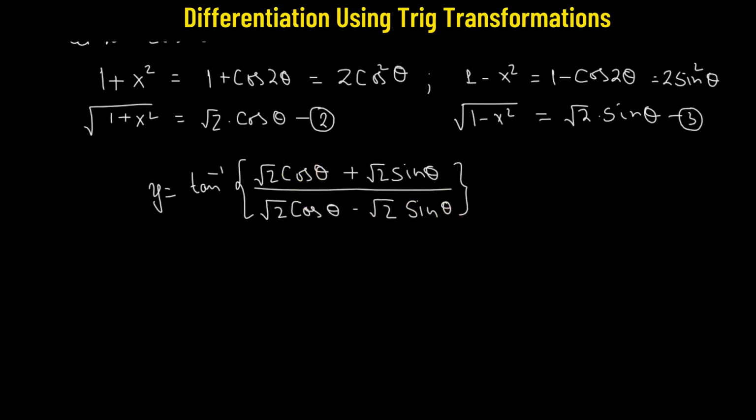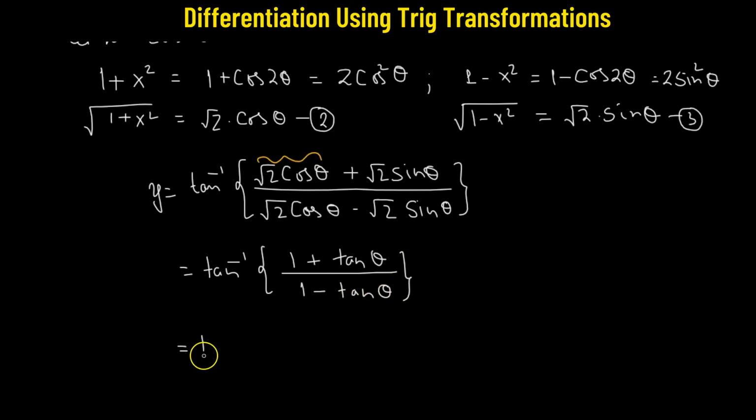Now we'll divide each of the terms in the numerator as well as the denominator by square root of 2 times cosine of theta, which will give us tangent inverse of 1 plus, when we divide square root of 2 times sine theta by square root of 2 times cosine theta, we get tangent of theta. Similarly, in the denominator, we'll get 1 minus tangent of theta.